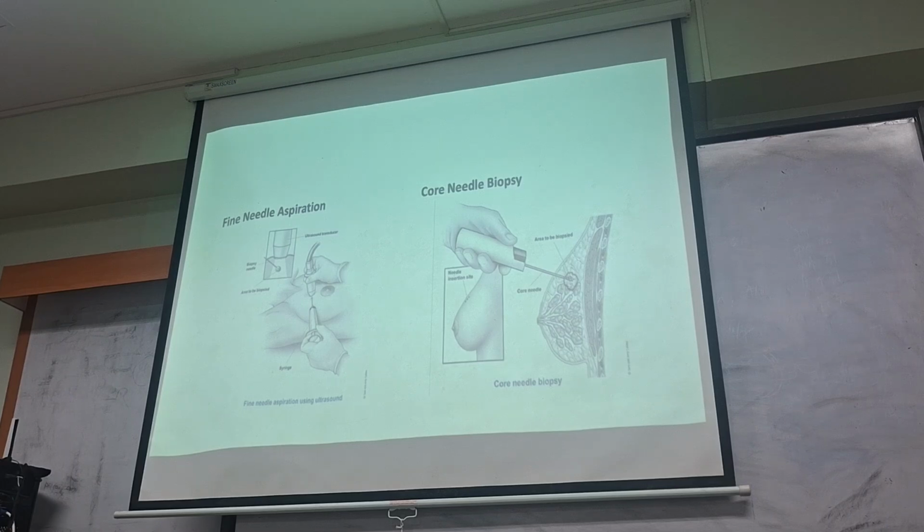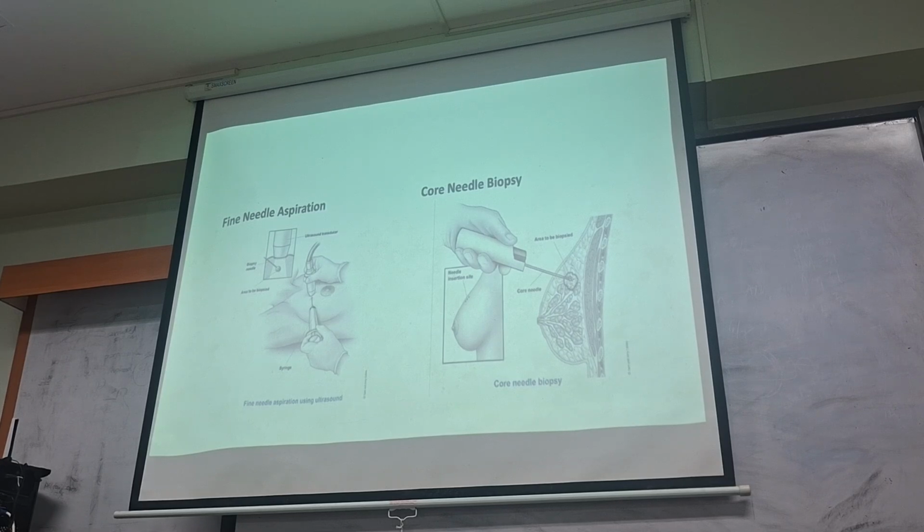The second scenario would be for recurrences. So there are patients who would already undergo surgery for their breast cancer, could be breast conserving or not, and then maybe 1 year later, you see a growth on the post-operative site.